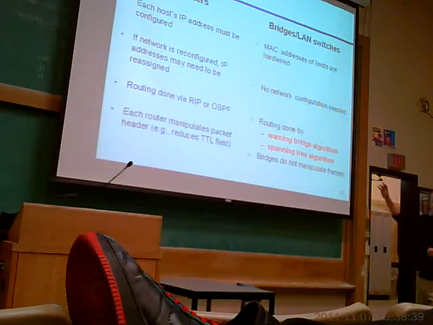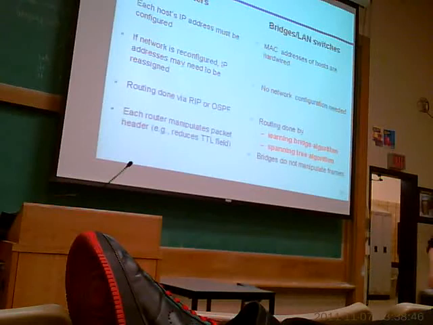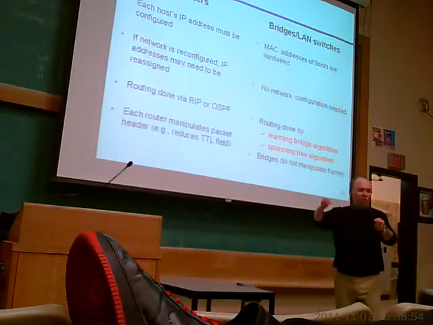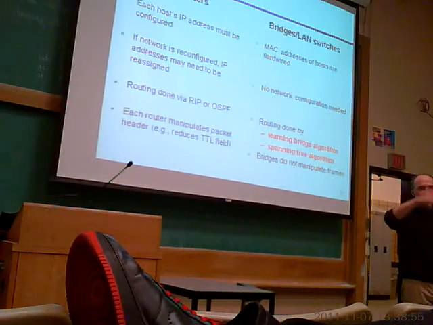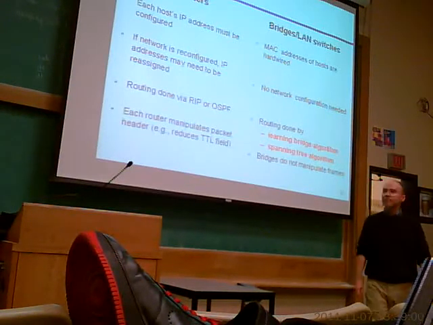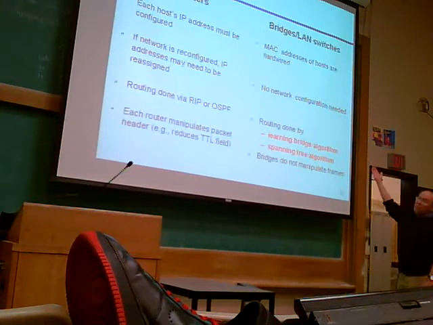Now with LAN switches, none of that really is an issue. The addresses on a LAN switch are MAC addresses. The MAC addresses are hardwired. When you buy your computer, it has the MAC address already in it. Nothing to configure. If you move your computer to a different location, the MAC address does not change. It's always the same. There's no network configuration needed.